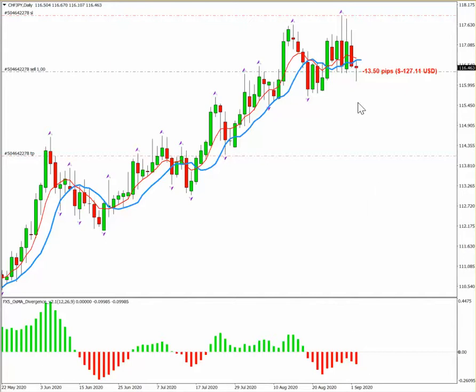So I just got overexcited and I took the trade, and look what happened. It just immediately retraced back. It could actually be a failed trade, for all I know, because the moving averages are still pointing bullish, and it might have been a premature short. We'll see how that plays out. It's supposed to show you that you really have to stick to the rules of the strategy, not try to rush it or modify anything.